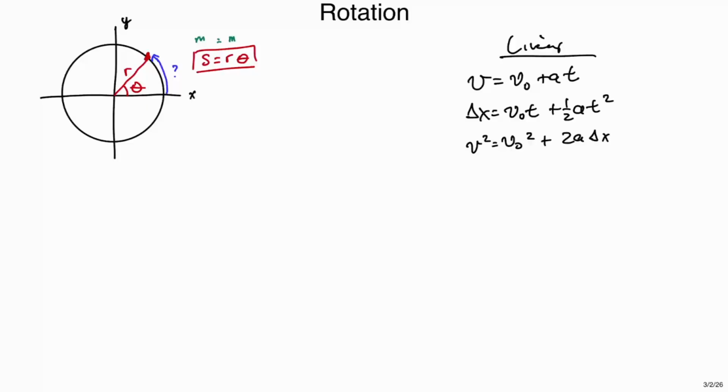Don't raise your hand, but how many of us are still confused about what mode our calculator should be in? Right? Am I right? Okay. How do you know when your calculator should be in degrees mode? If your angles have units of degrees, right?